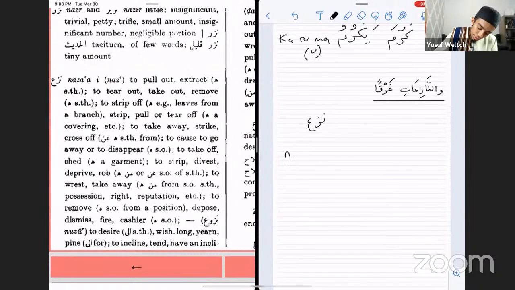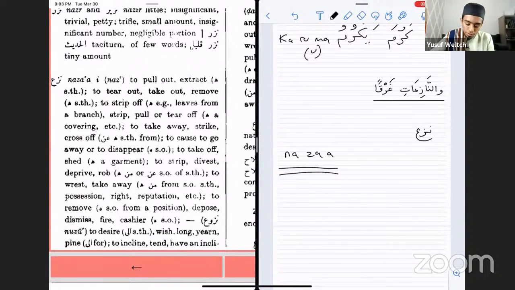Okay, so here it says it's written like this. How do I write my vowels on this word here? All the dictionary tells me is this word.